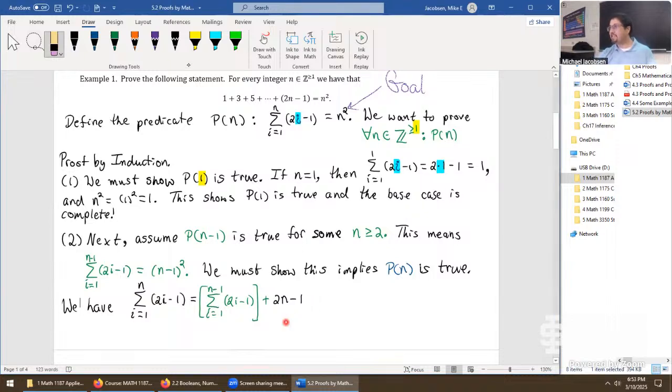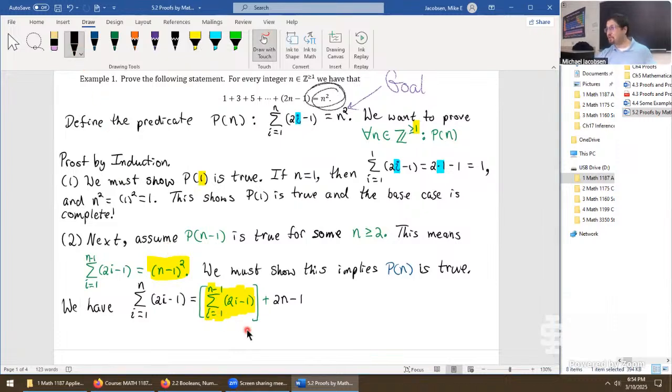So now that we've done that, keep in mind our goal is to try to get to n squared. That's our main target. And we have a big jumbled mess, but a humongous amount of mathematics is substitutions. And here's one substitution already. That goes in right in place of that, because we were just calling Pn minus 1, we assumed it's true, and it is that, n minus 1 squared, in summation.